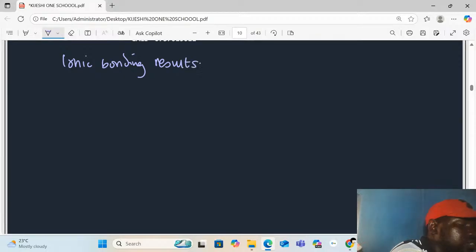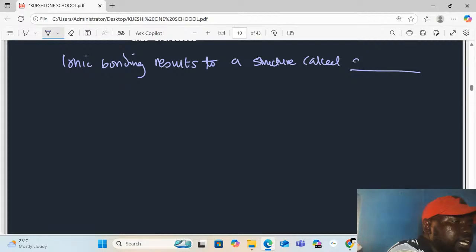But before we move to the physical properties, let's look at the structures. So, ionic bonds results to a structure called giant ionic structure.